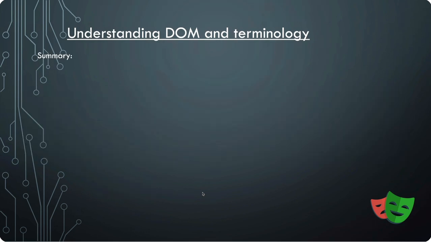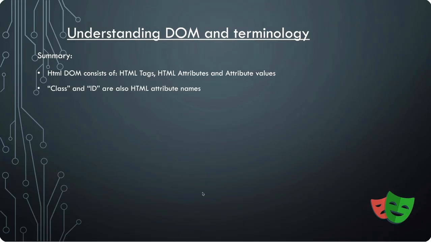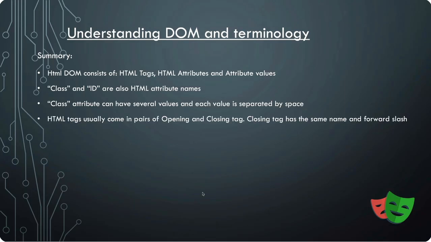And let's make a quick summary about the DOM terminology. So the HTML DOM consists of HTML tags, HTML attributes, and attribute values. Class and ID are also HTML attribute names. The class attribute can have several values, and each value is separated by space. HTML tags usually come in pairs of opening and closing tag.